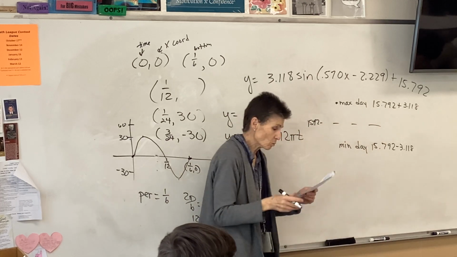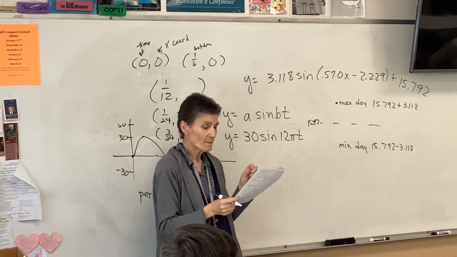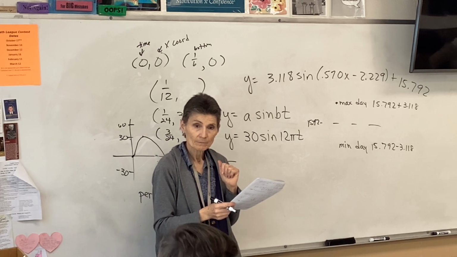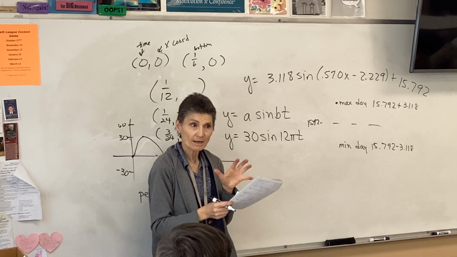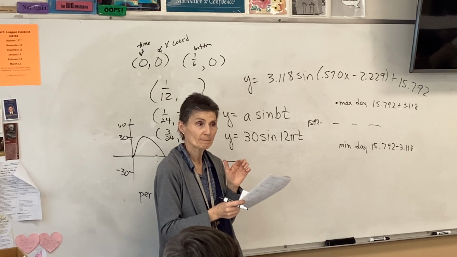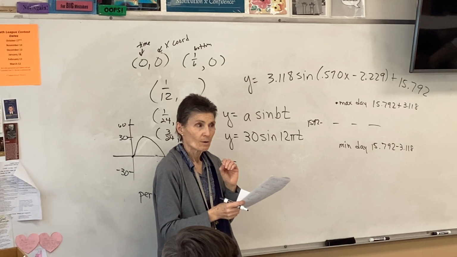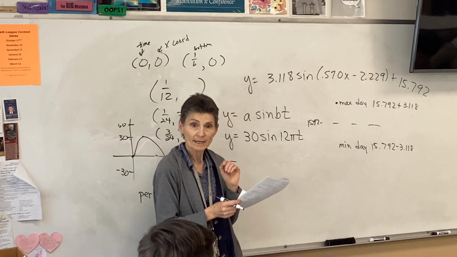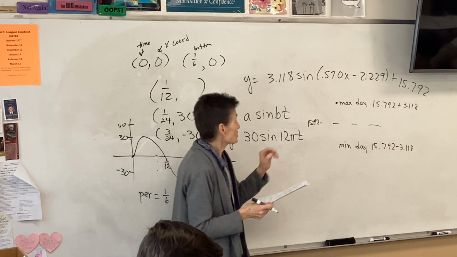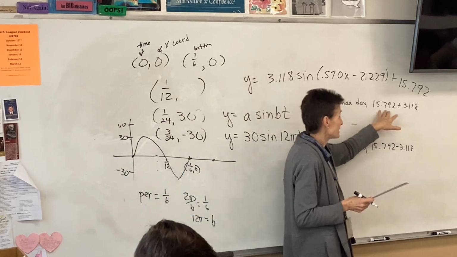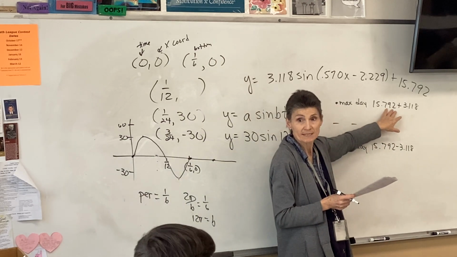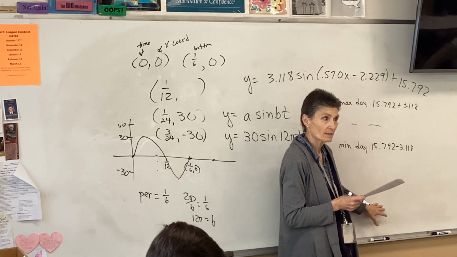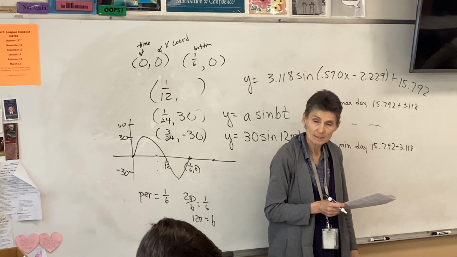Okay, so what does the question want to know? What is the minimum number of nighttime hours? Okay, when is that going to happen? When are you going to have the minimum number of nighttime hours? When you have the maximum number of daylight hours, right? So whatever this is, 18, 19, it's got 19. If you have 19 hours of daylight, then you'll have 5 hours of night. Does that make sense to you?